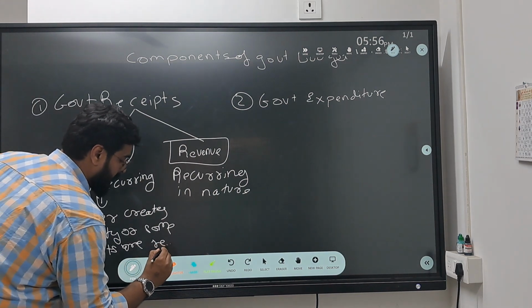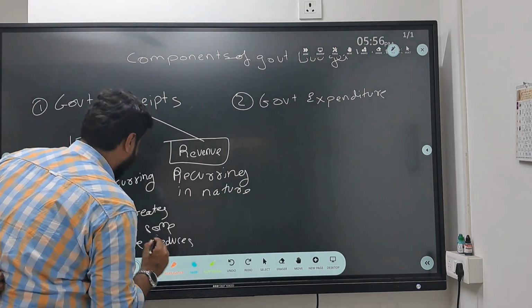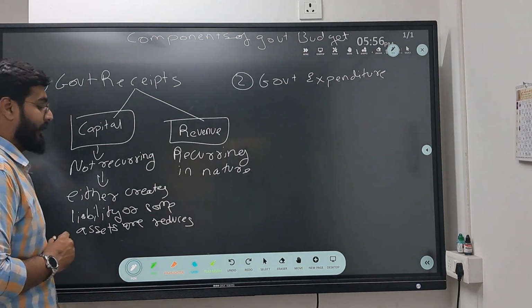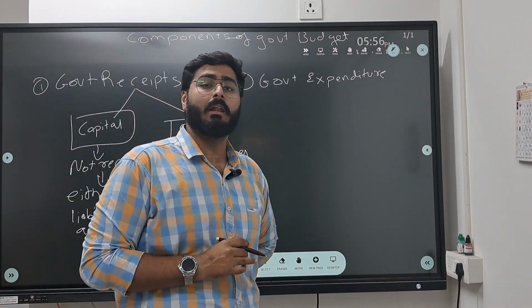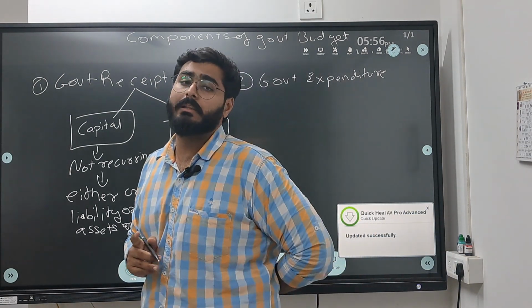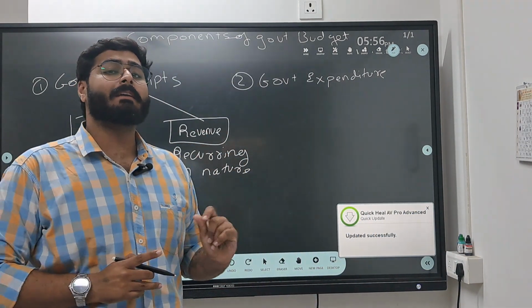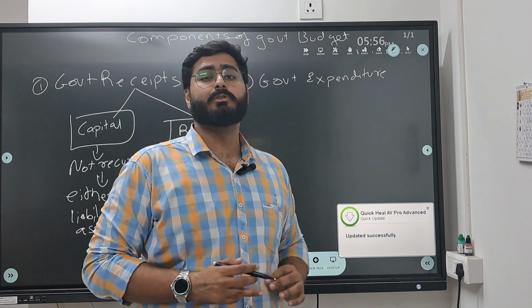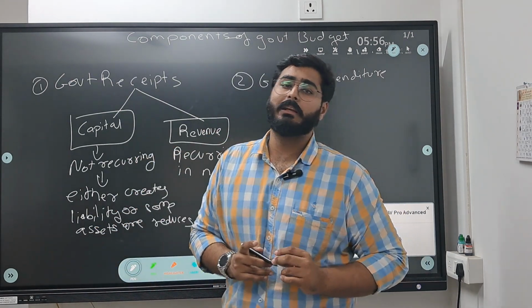That is called capital receipts. They are not recurring in nature. Whenever we earn any capital receipts, either some assets are reduced or any additional liability has been created.